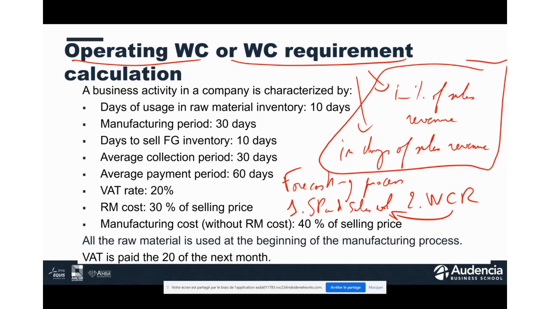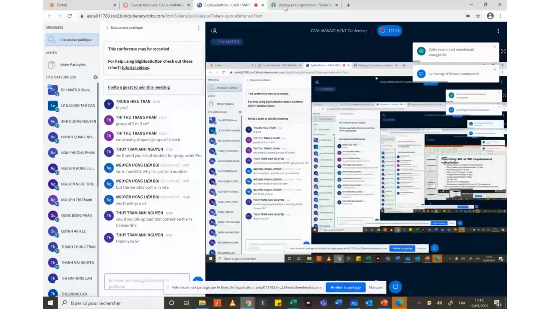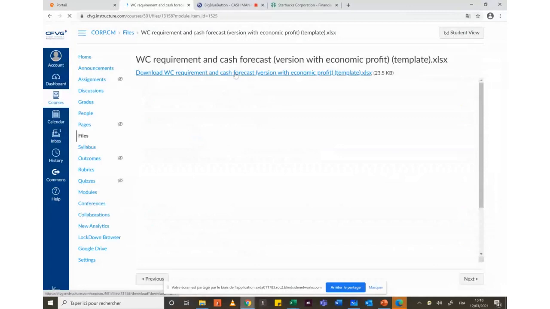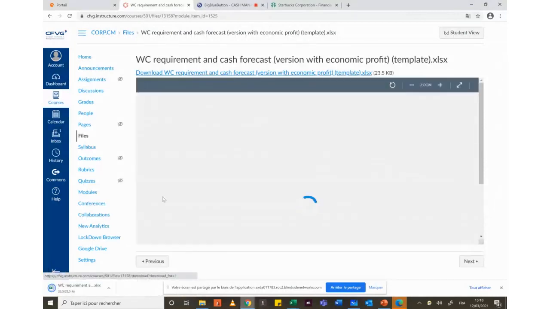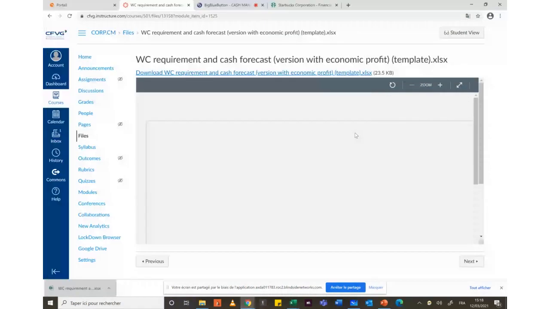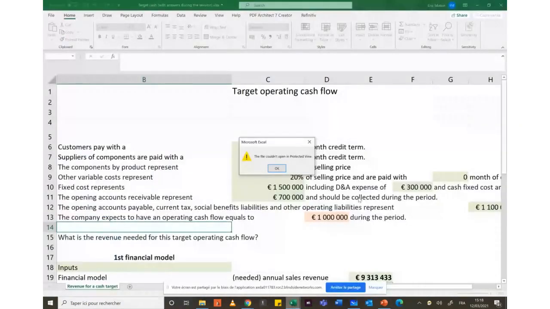So I will open the Excel file. I go to this one, working capital requirement and cash forecast. I download this one. Oh, it's protected.